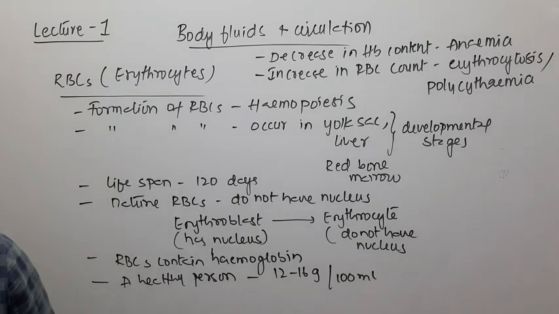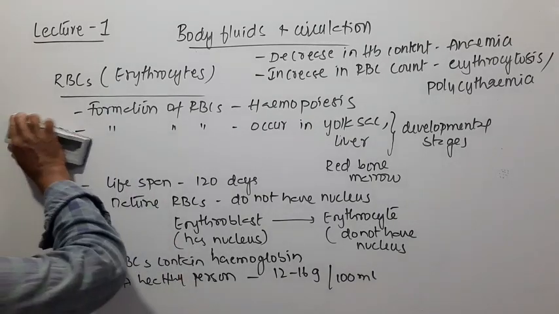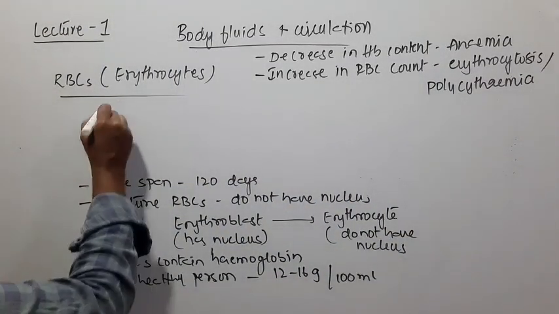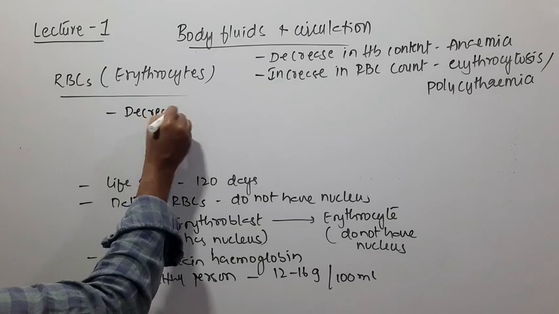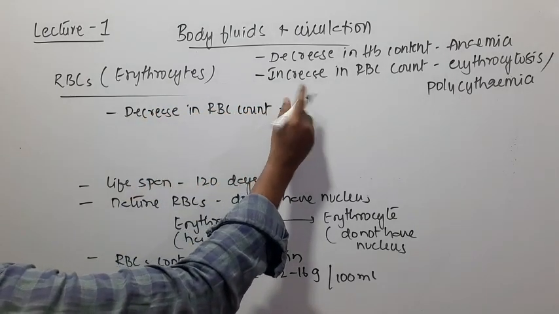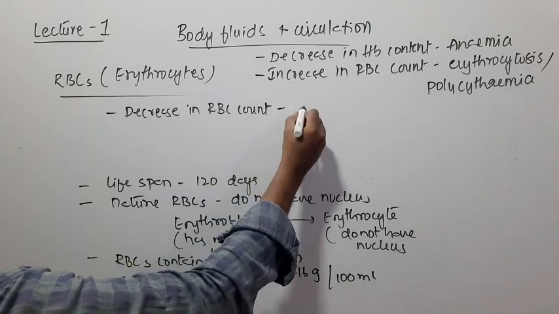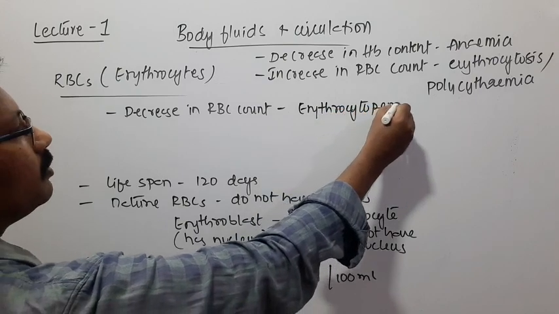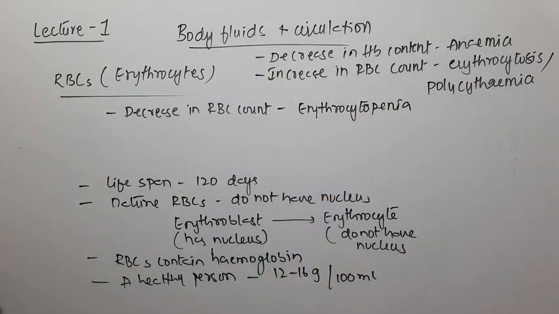And another one, a decrease in RBC count is a condition we call erythrocytopenia. So it's called erythrocytopenia.